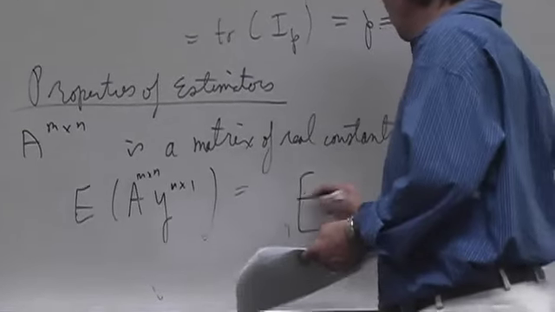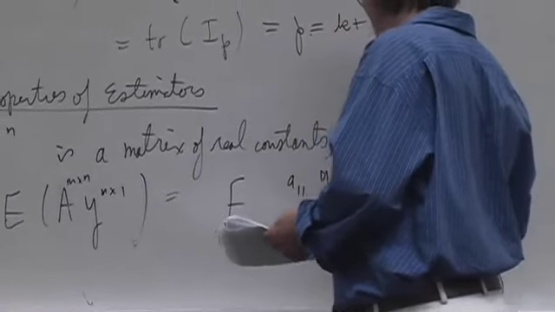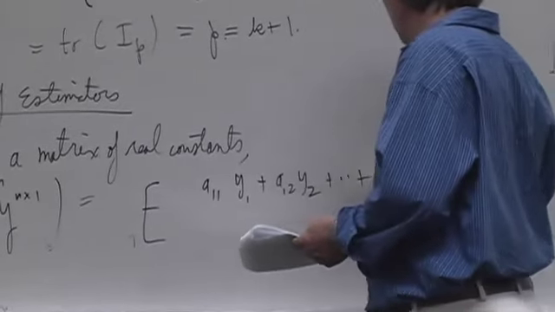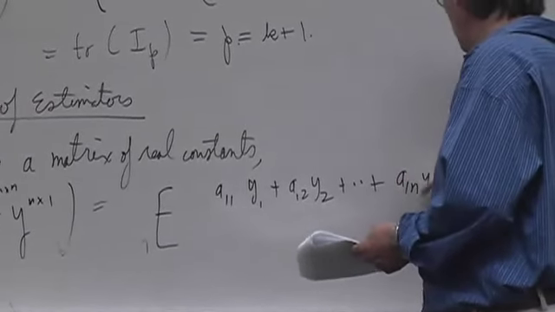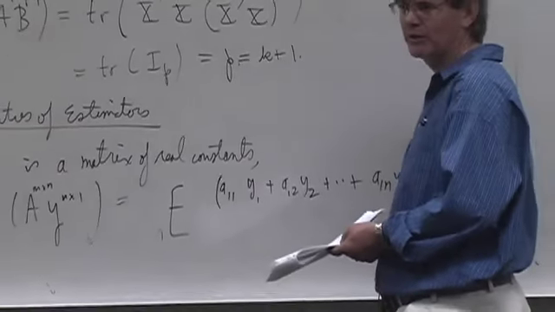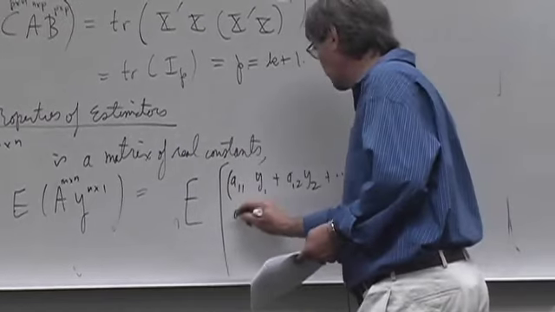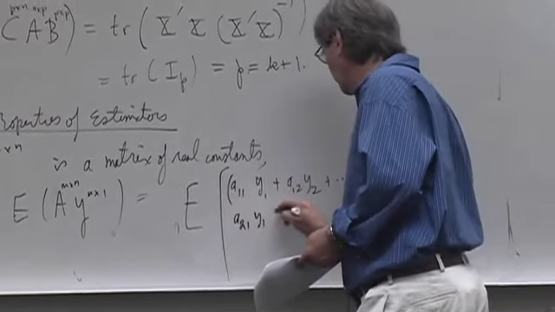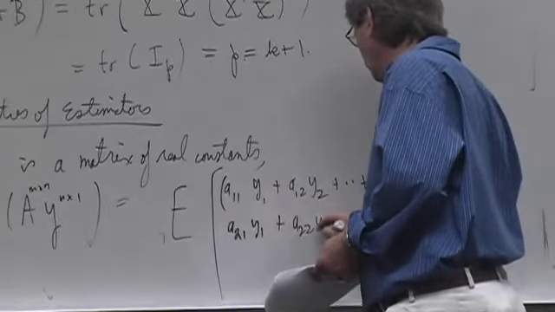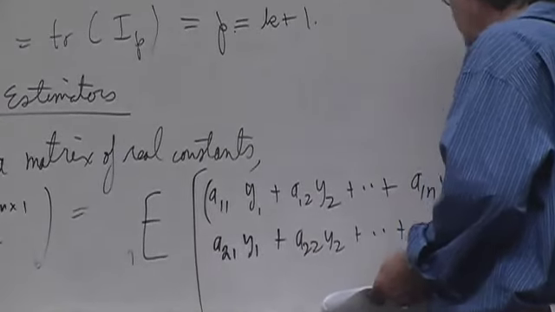So that's the expectation of a11 y1 plus a12 y2 plus and so on plus a1n yn. That's one linear combination of the Y's. Then I get a second linear combination of the Y's, a21 y1 plus a22 y2 plus and so on plus a2n yn.